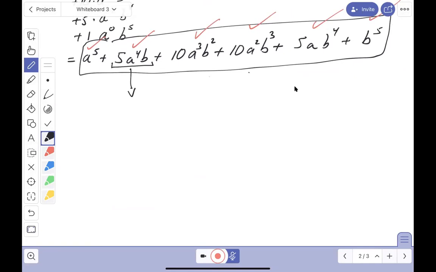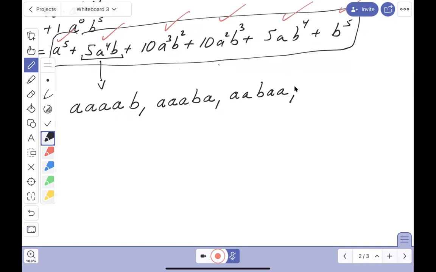And what are those letters? a^4, which is a, a, a, a, and there's one b. I'm going to claim there's 5 orderings of that. In other words, 5 distinct words. Now, when I say words, I'm not saying you could pronounce these words, but they are words nonetheless. All right? I've got 3 already, don't I?